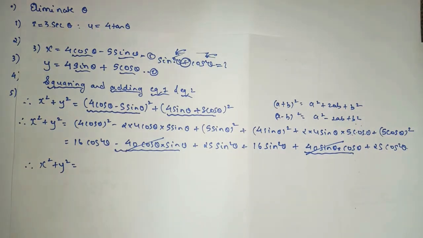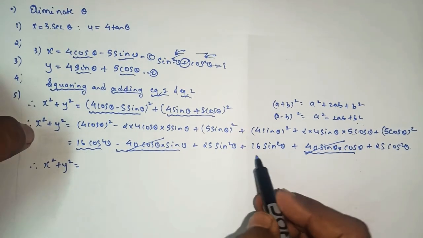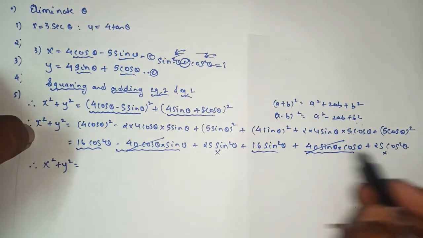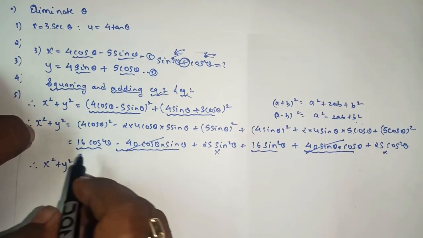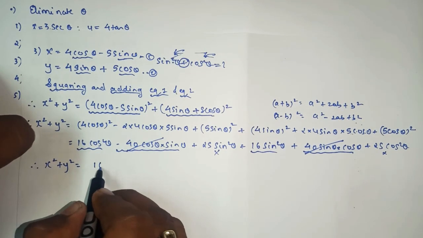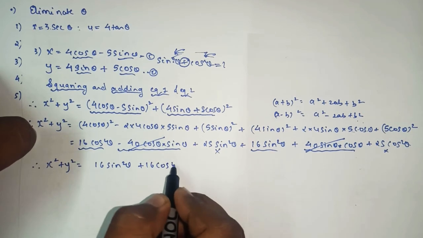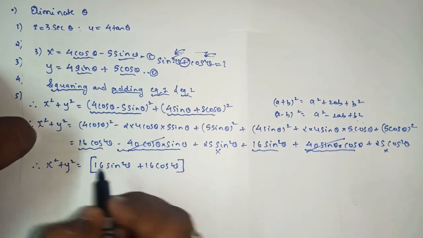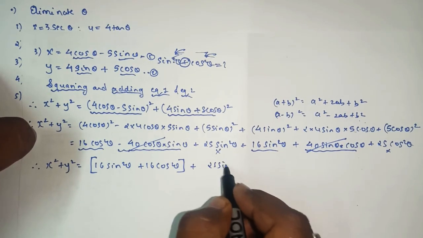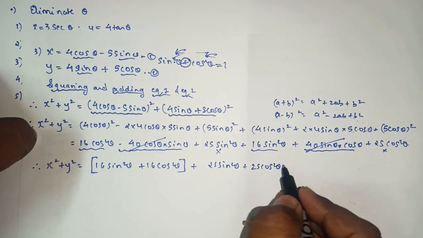Okay, so here what I will do, we'll make the pair of 16 together, and we'll make the pair of 25 together. So 16 sin square theta plus 16 cos square theta, we'll write in one bracket, and now we'll bring 25 sin square theta plus 25 cos square theta in one bracket.